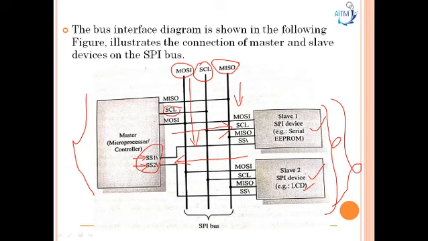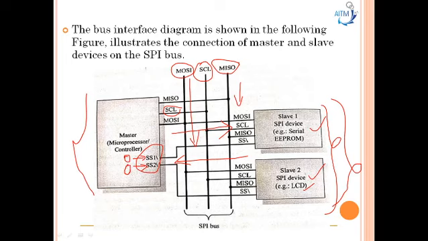The master device is responsible for generating the clock signals. It selects the required slave device by setting the select signal low. If it wants to select slave 1, this will be set to 0. If the master wants to select slave 2, then it will set this to 0 here.